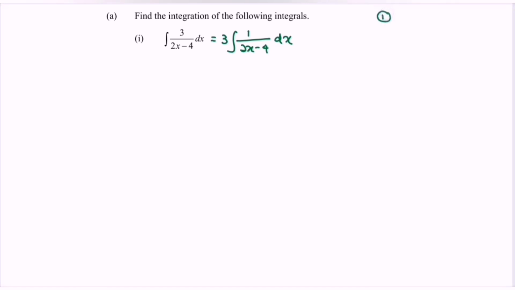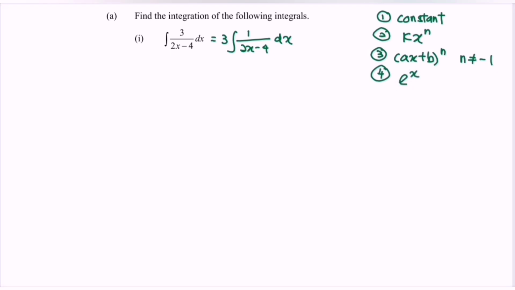So number 1, is that a constant? The answer is no. Number 2, is that kx to the power of n, referring to the polynomial? The answer is no. Number 3, is that (ax + b) to the power of n, where n cannot be equal to negative 1? The answer is no. Number 4, is that an exponential function?